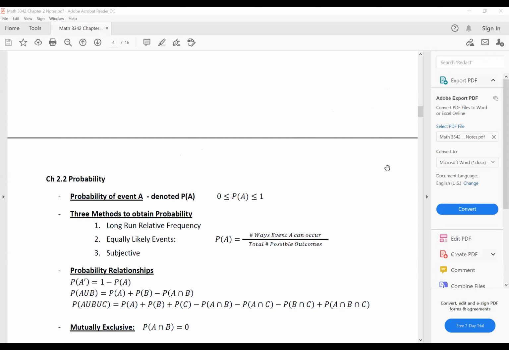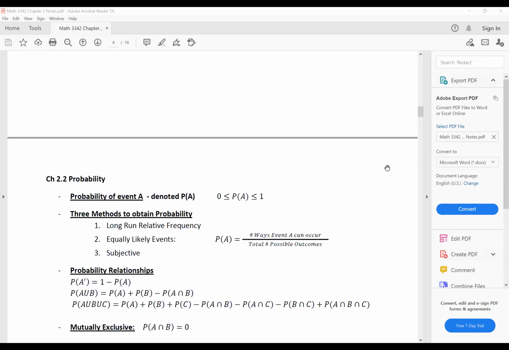Okay, so there are 3 general methods to obtain probability: long run relative frequency. If you do the experiment again and again, for example if you toss a coin, you do not know whether the coin is equally likely or biased. In that case, you can toss the coin 100 times, 1,000 times, and see how many times the head occurs and how many times the tail occurs.